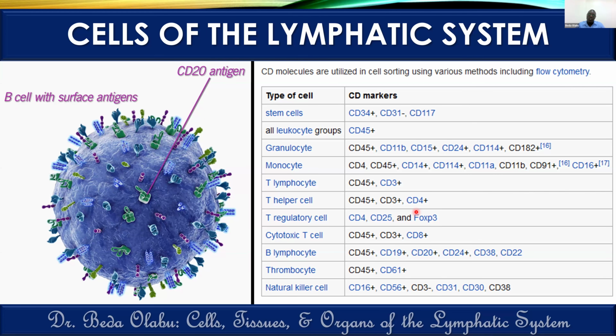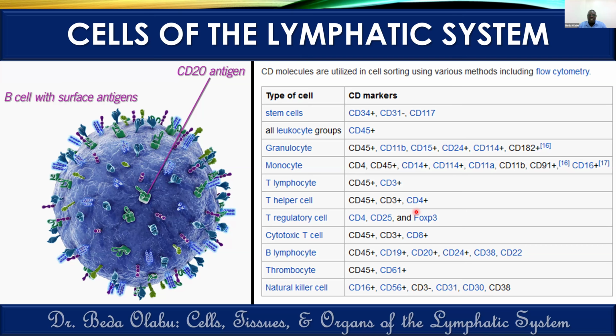So cluster of differentiation antigens refer to specific types of antigens that particular subtypes of white blood cells display. I have put this slide here not for the sake of you cramming. I also don't know many of them, but for the sake of you understanding the concept that we may have different types of white blood cells.